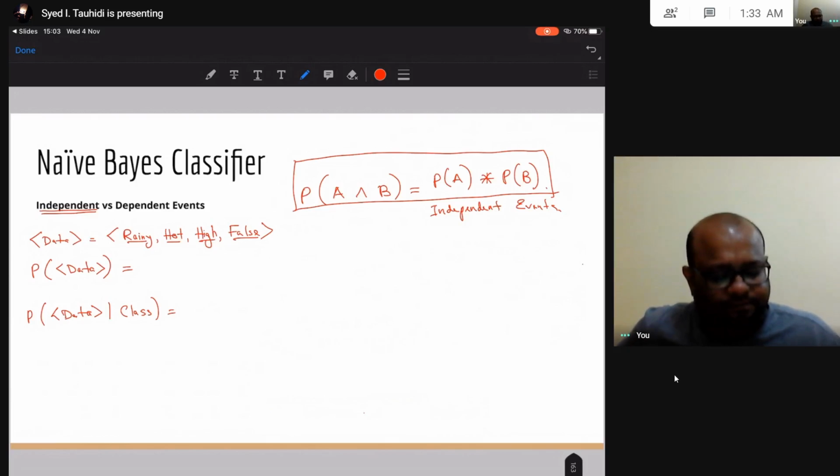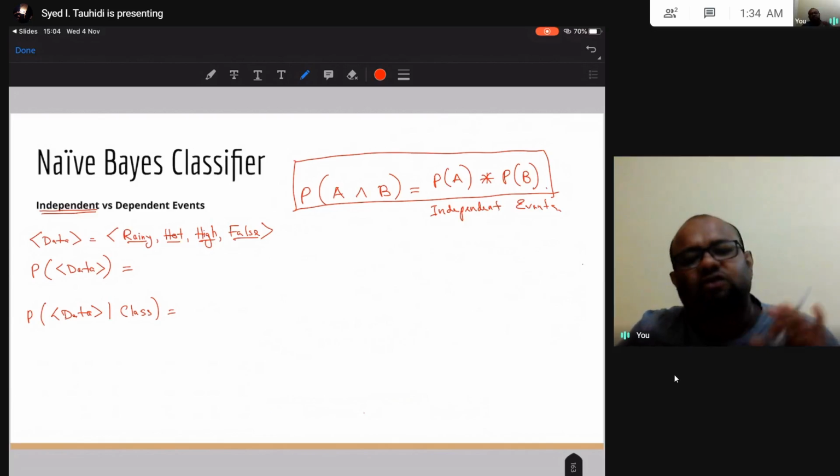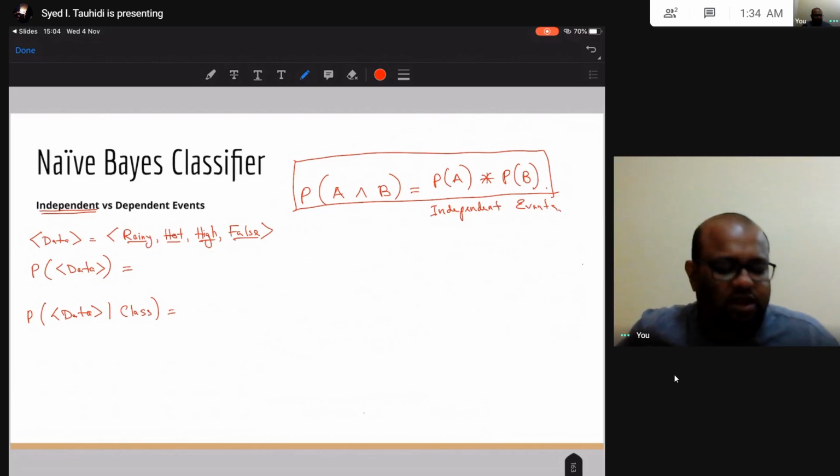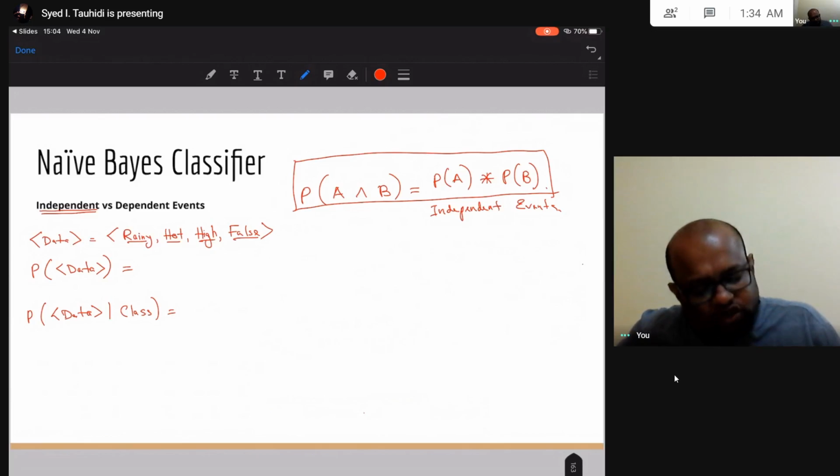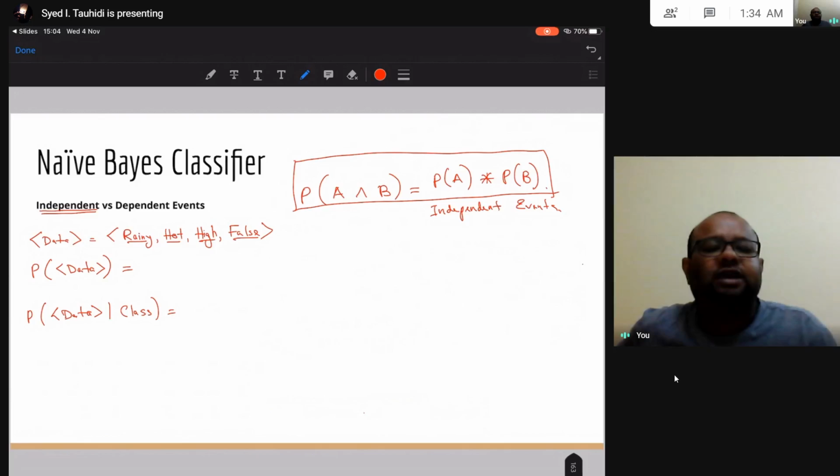So the probability of rainy is not going to depend on the temperature being hot. That is the assumption that we make. In reality, this independence is really not going to hold, as all this weather data is dependent on one another, but let us assume there is no dependency.